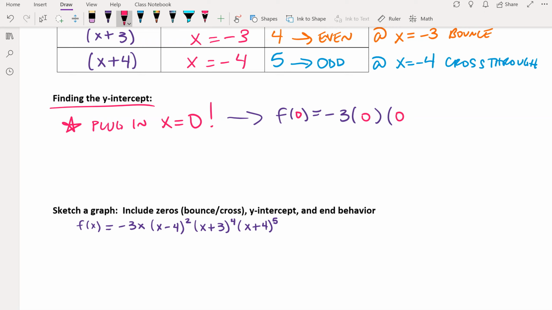Parentheses, we have 0 minus 4 squared. Parentheses, we have 0 plus 3 to the 4th. Parentheses, 0 plus 4 to the 5th.